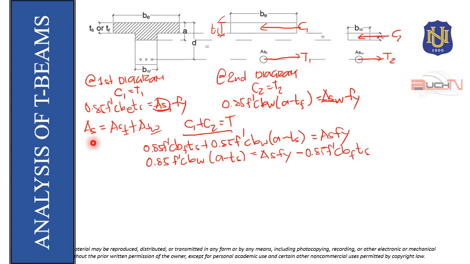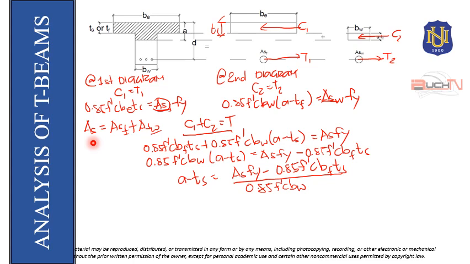So, divide both sides by 0.85 f'c b_w. So, a minus t_s is equal to A_s f_y minus 0.85 f'c b_f t_s, divided by 0.85 f'c b_w.